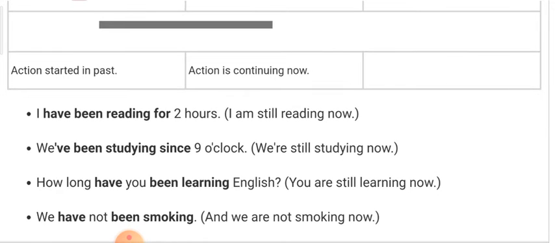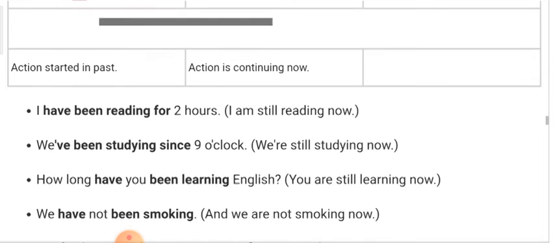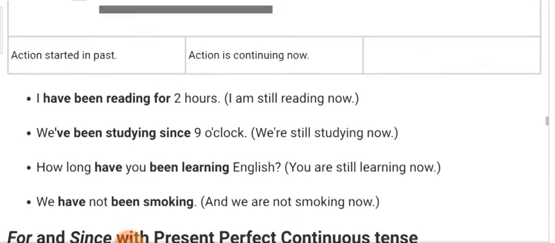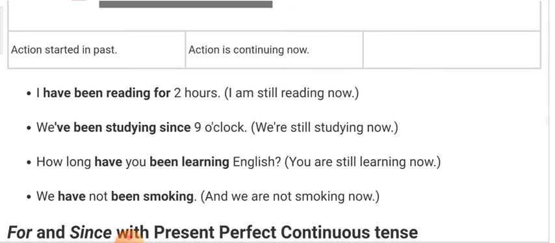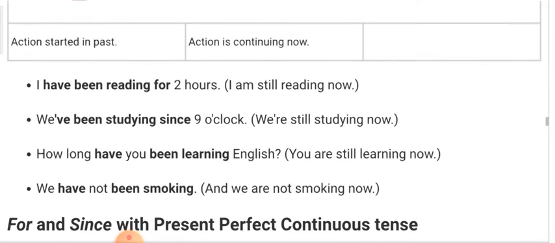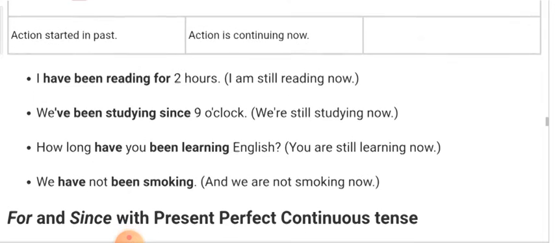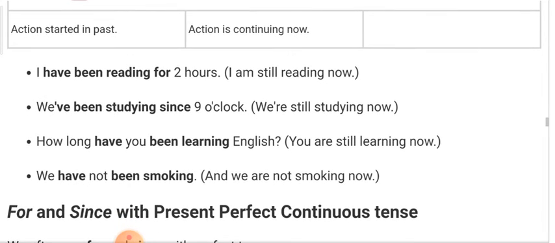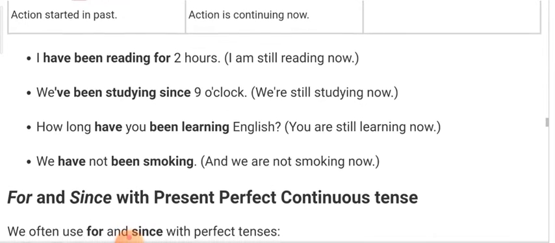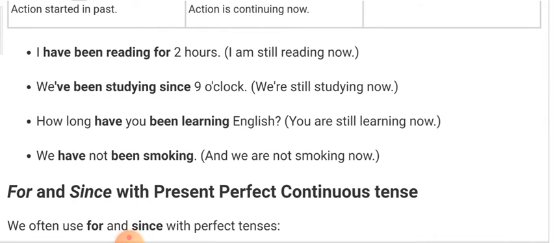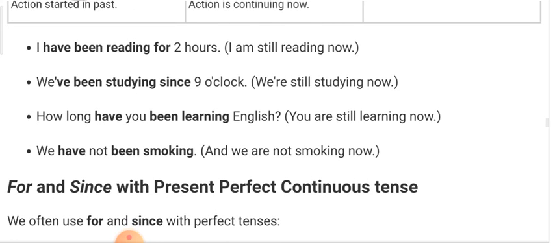Remember one thing: for is used with indefinite time, indefinite day, indefinite month, indefinite year, whatever. But when we use since, there is a definite time, definite day, definite month, and definite year also.